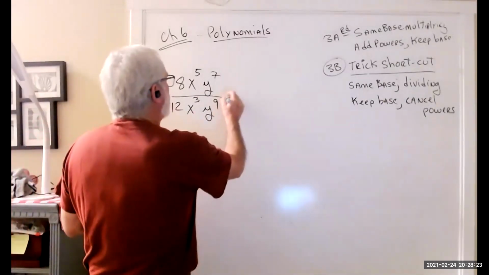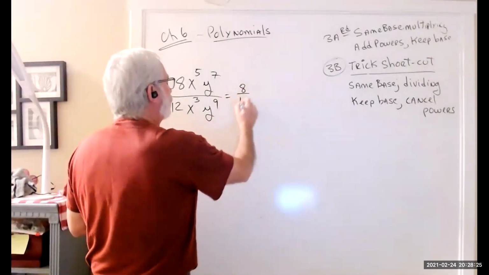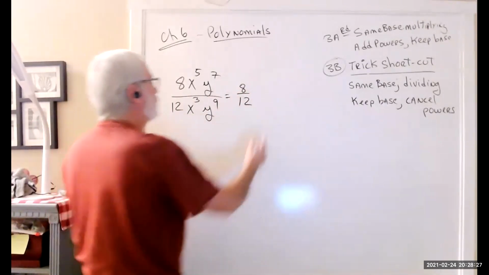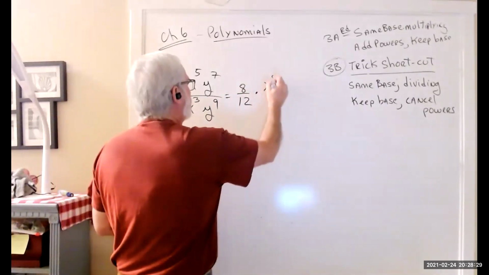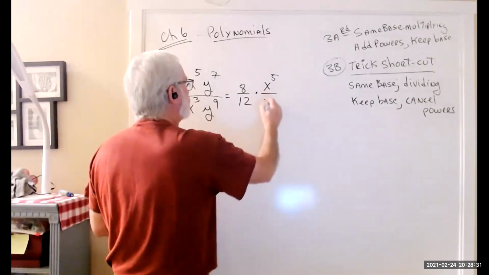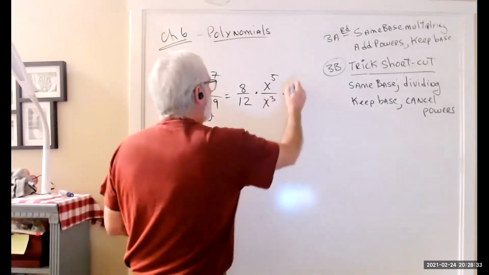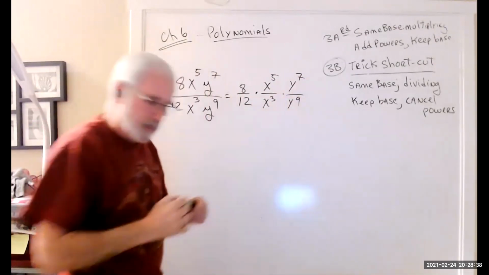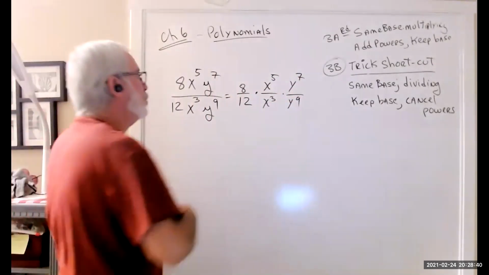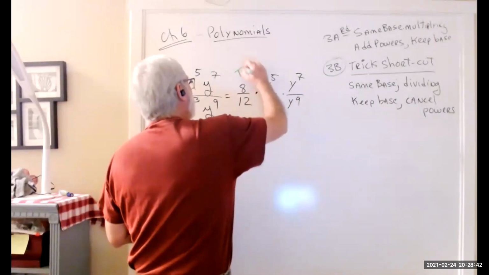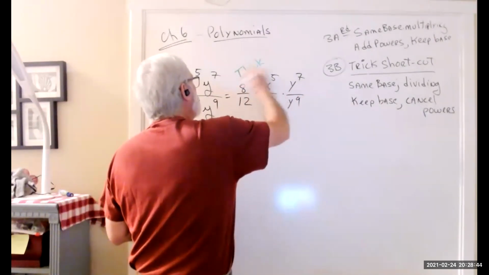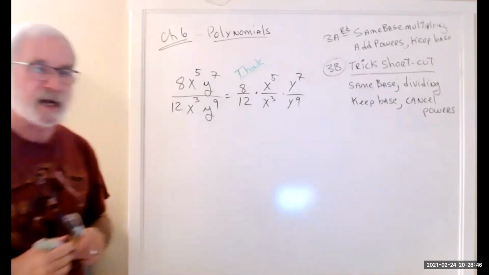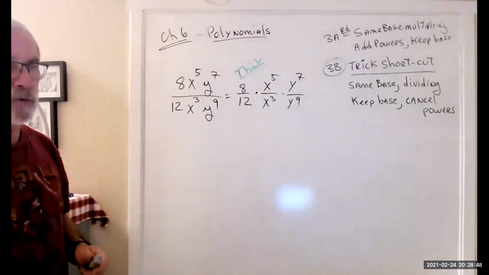What you want to do is think of this as 8 over 12, x to the 5 over x to the 3, y to the 7 over y to the 9. Now, this is important. You do not have to write it like I'm doing unless it helps you.